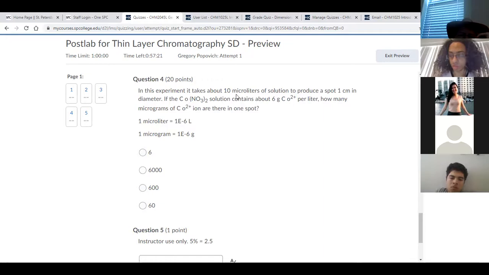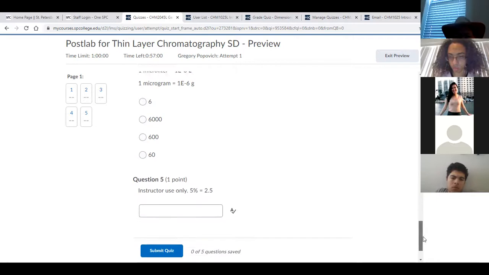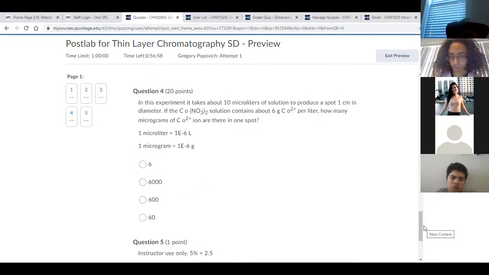So you are going to multiply 6 grams by 10 times 1e to the minus 6 liters, and that will give you your grams of solution. Then you have to change it into micrograms. Questions, guys?